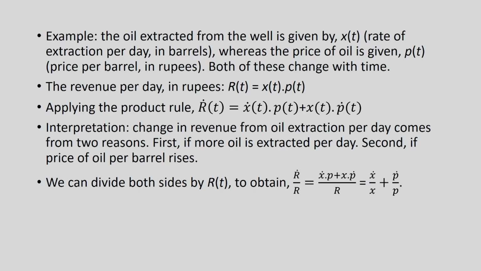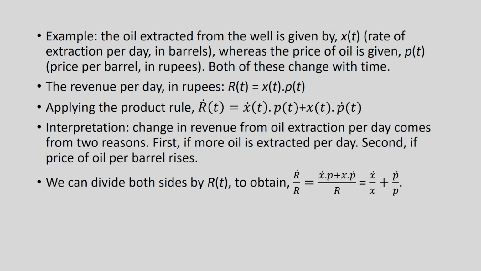Both of these, that is x and p, change with time. That is why they are functions of t. Now, the revenue per day in rupees will be what? Capital R of t is equal to x of t multiplied by p of t. The amount of oil that is being extracted per day, multiplied by the price of oil, gives you the revenue per day.